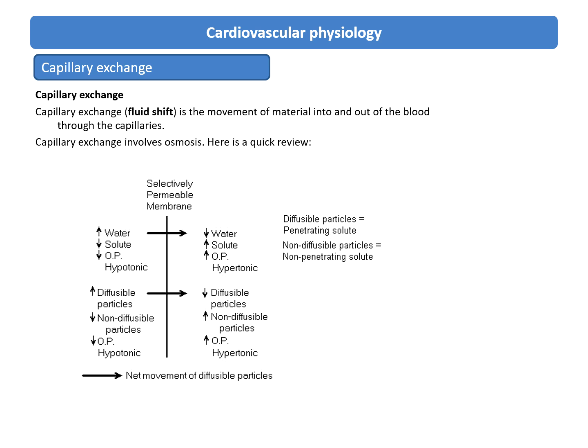Capillary exchange involves osmosis. Here's a quick review. Let's take a selectively permeable membrane and separate two solutions. On the left side, the solution has a higher water concentration compared to the solution on the right, which means the left side has a lower solute concentration compared to the right.